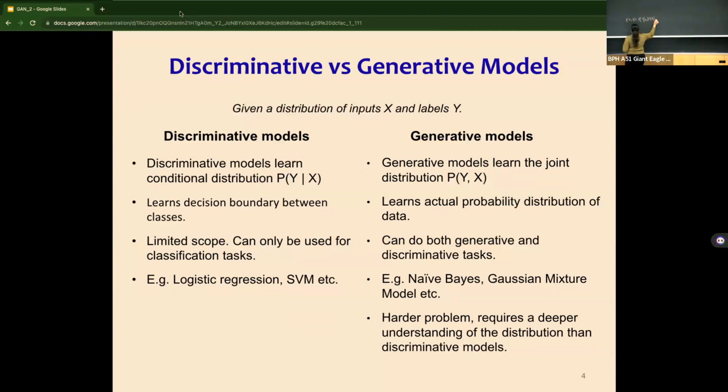Considering that it takes a more holistic approach of modeling the joint distribution, it also has access to this. And that is why a generative model can do both generative and discriminative tasks, because it completely tries to model the entire distribution. But in case of your discriminative models, it can only do a classification task because it only learns P of y given x.